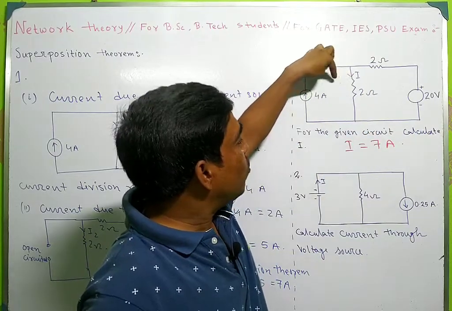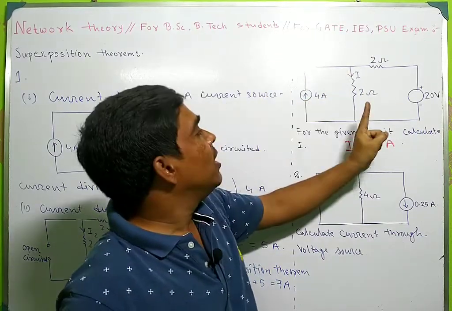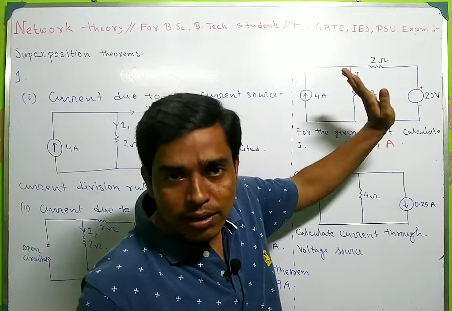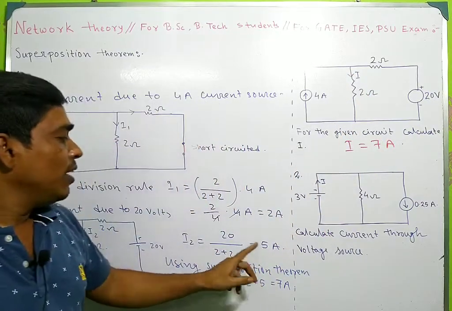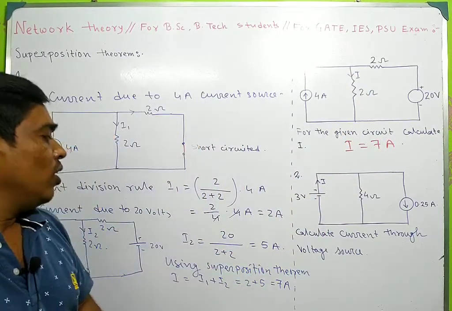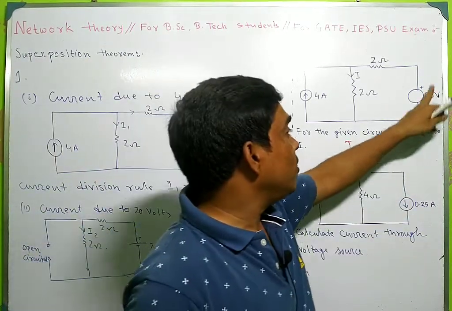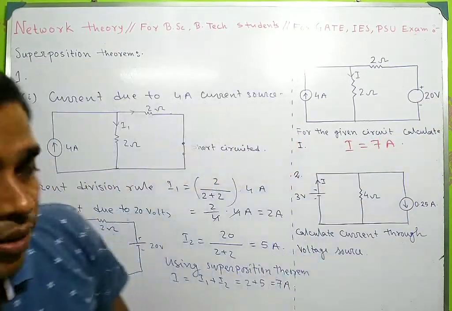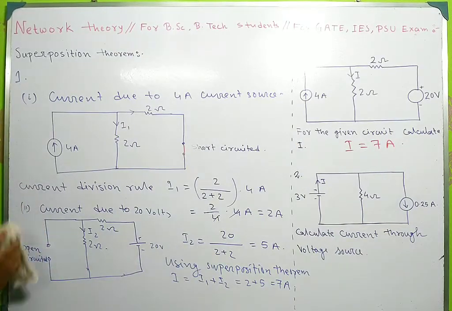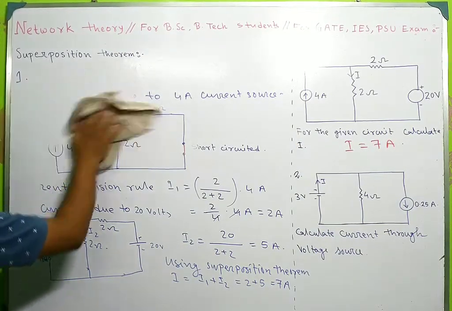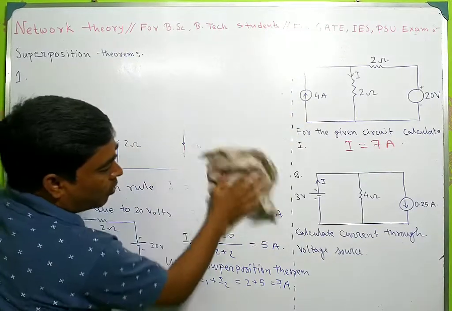So if you take 2 ampere as positive, then 5 ampere must be negative. In that case, it will be minus 3 ampere. Okay, if you reverse this sign. Now second problem. So this is the procedure for how to solve this type of problem.